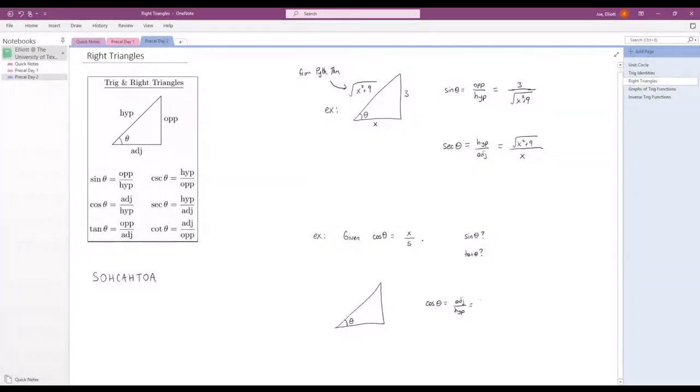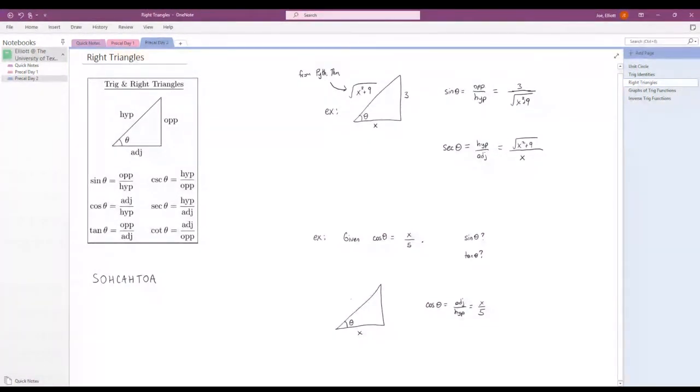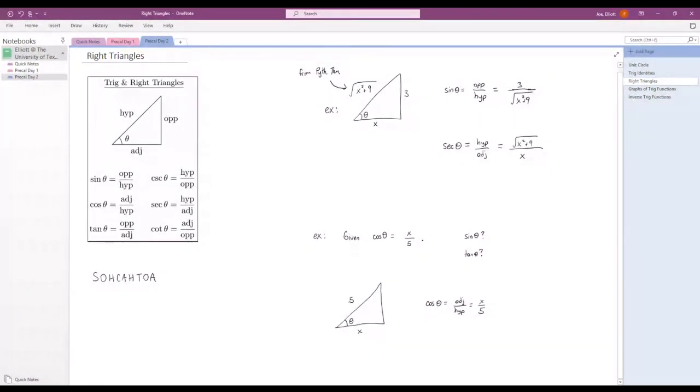So given that cosine is x over 5, we can consider the adjacent side of this triangle to be x, and the hypotenuse would have a length of 5, okay?